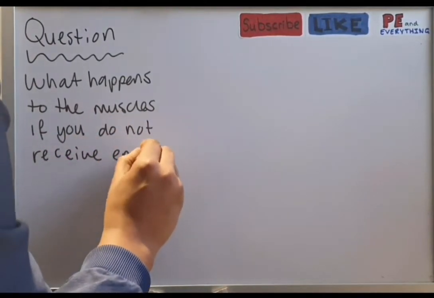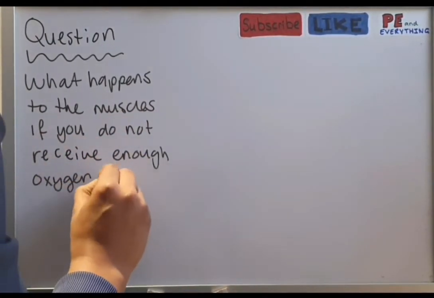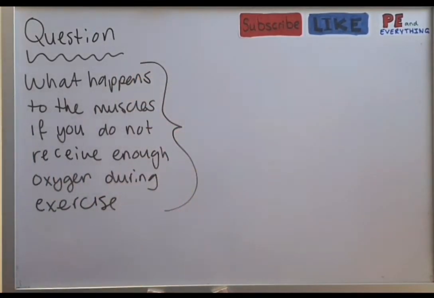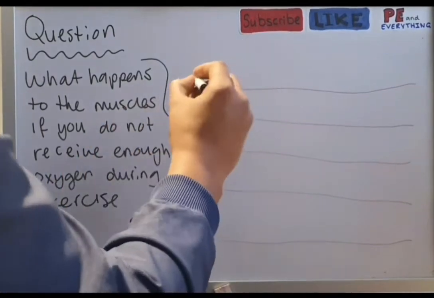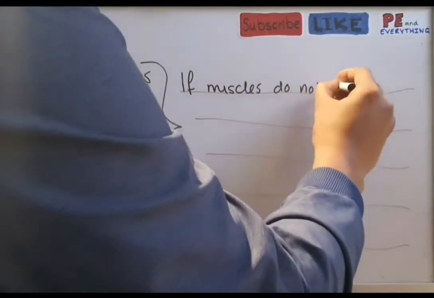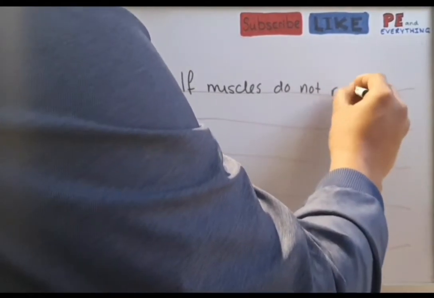So the question will be, what happens to your muscles if you do not receive enough oxygen during exercise? That's perfect. We've already talked about these things, so we can go straight into it. Okay? He's writing here.